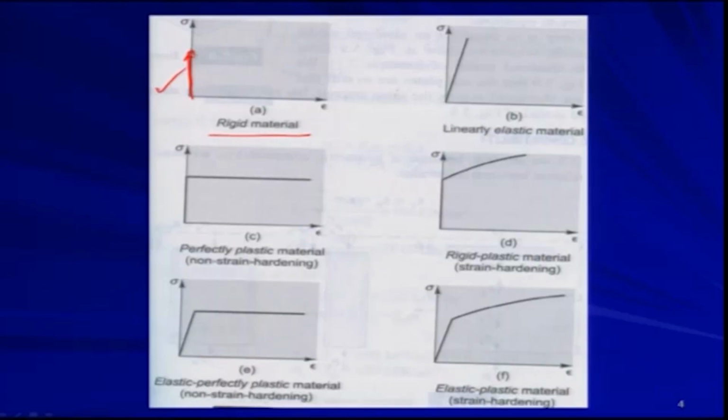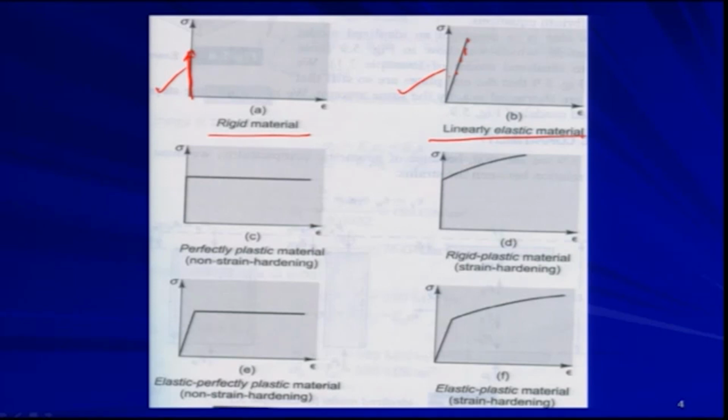That is the idealized behavior of rigid material. Then this plot is for linear elastic material. You see the stress strain curve is completely linear. At any point on this line, if you release the stress, it will come back to its original position.